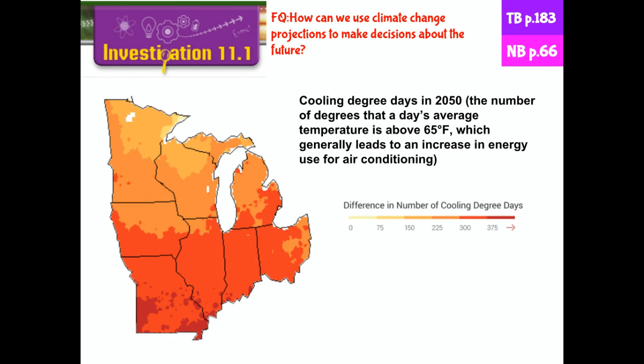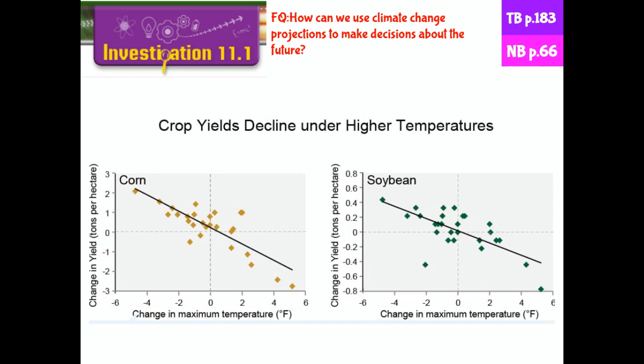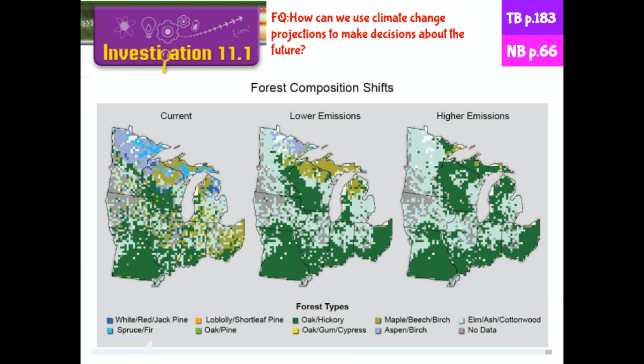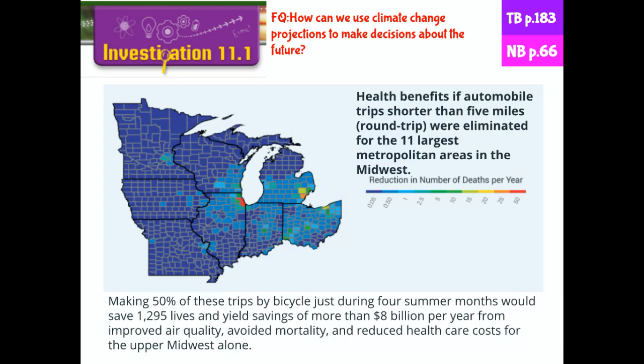I'm just going to go through these quickly. Cooling degree days. Crop yields: as the temperature goes up, crop yields go down. Forest compositions are going to shift. Possible benefits if automobiles were not used for trips shorter than 5 miles.